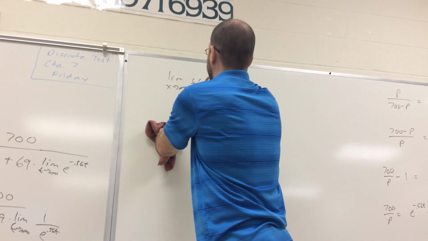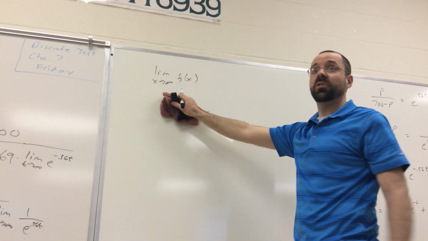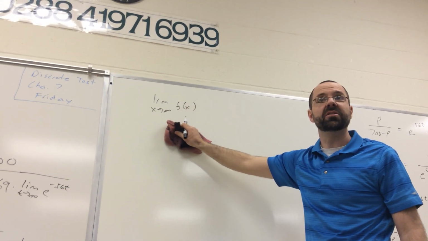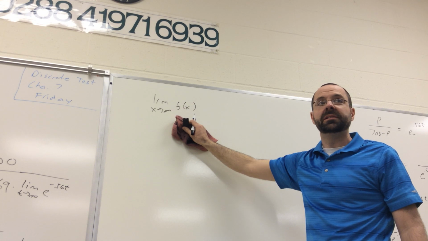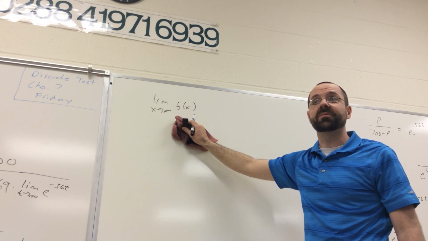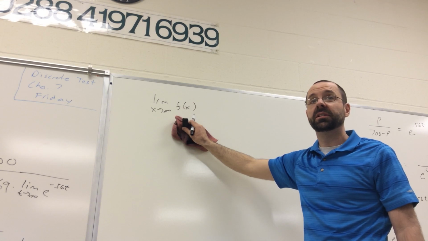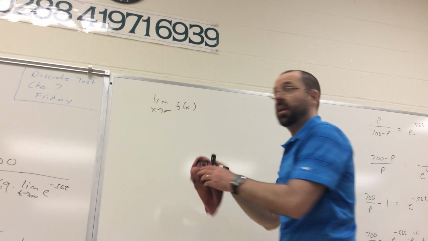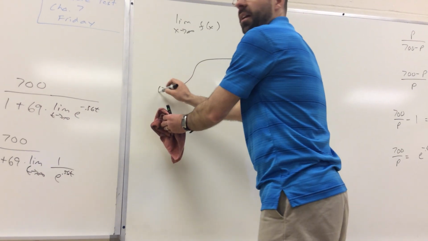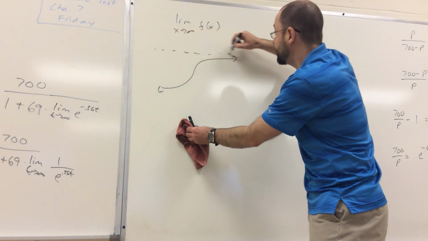After class. When you take the limit as x goes to infinity of f of x, what are you finding? Nice try. You're finding the horizontal asymptotes. And doesn't the logistic curve have a horizontal asymptote?